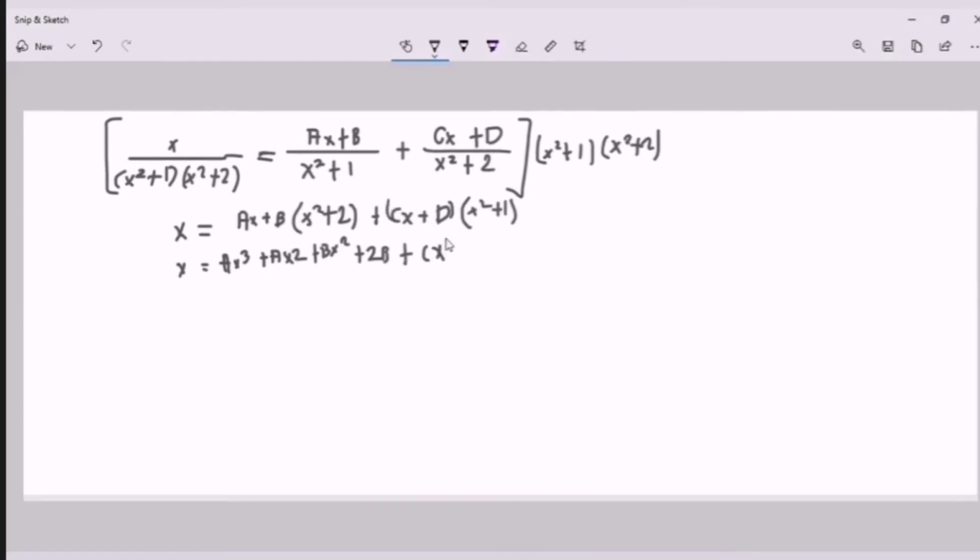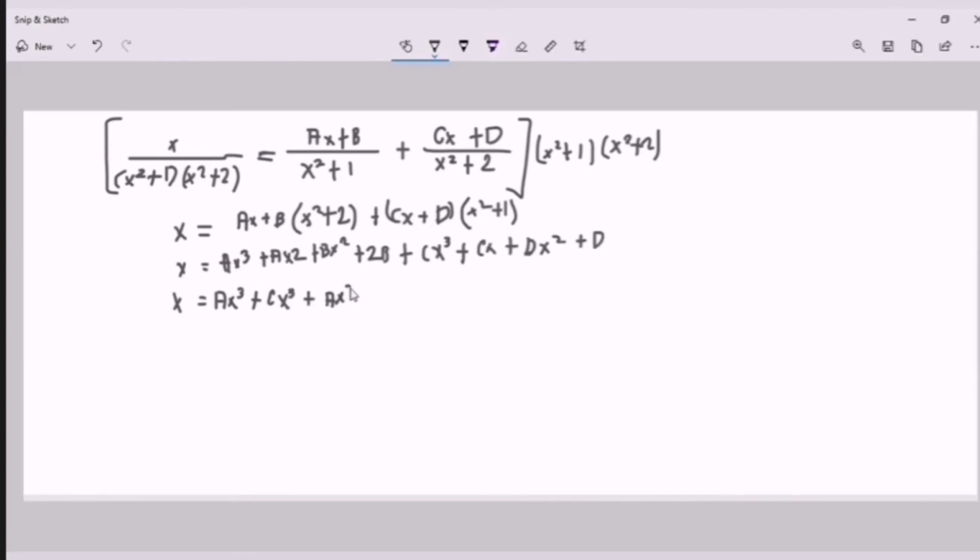So that gives us cx cubed plus cx plus dx squared plus d. And then combine like terms.